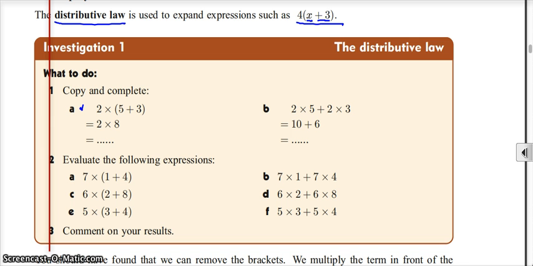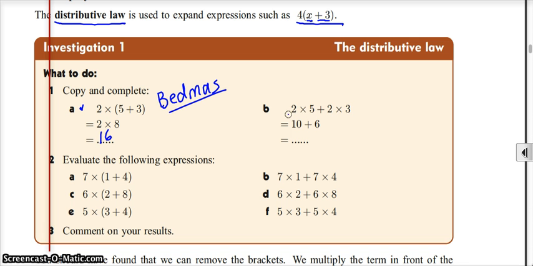What rule or law is that? Bedmass, yeah, that's right. So the rule we're using there is the rule of bedmass: brackets, exponents, division, multiplication, addition, subtraction. I reckon you would have done that in year 8, year 7, but we certainly did that at the start of this year. With 2 times brackets 5 plus 3, we do brackets first. 5 plus 3 gives us 8, 2 times 8 gives us 16.